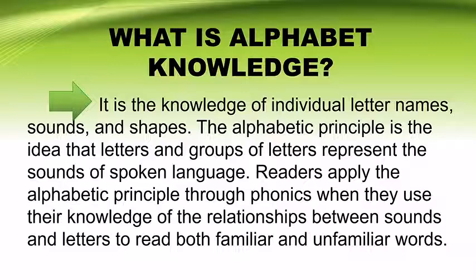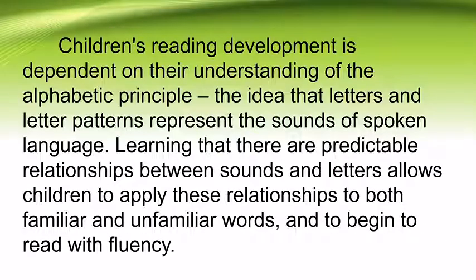The teacher must provide tracing activities so that the learners will be guided on the structures and shapes of every letter. Children's reading development is dependent on their understanding of the alphabetic principle.